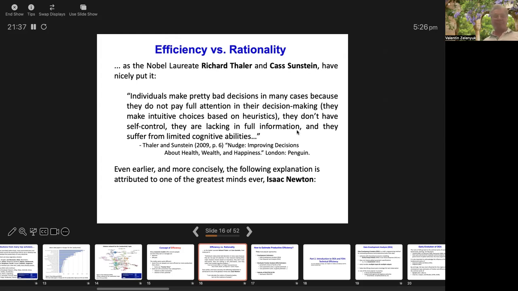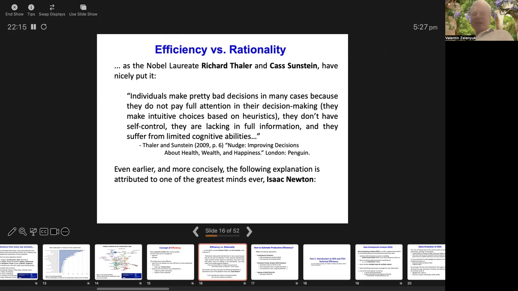Now, even earlier, another greatest scientist, perhaps one of the greatest scientists of all times, Isaac Newton, physicist, also gave descriptions why we could see a lot of irrationality. As I recently learned, I knew this phrase for a long time, but recently I learned that apparently he said this phrase when he was trying to play on the stock market with his great knowledge of physics, which were probably among the best those days.